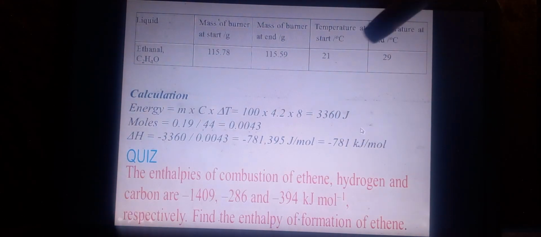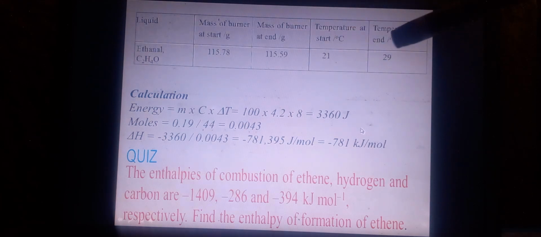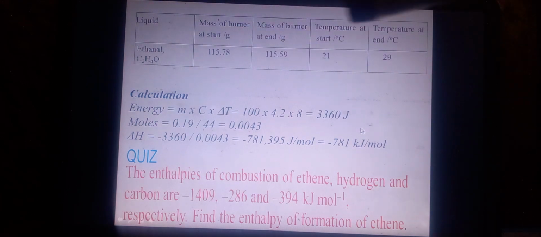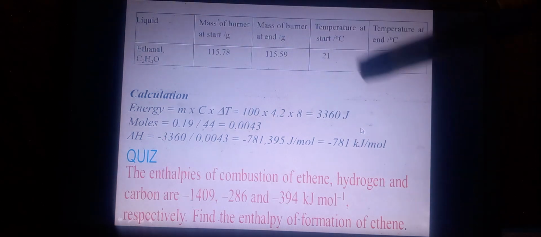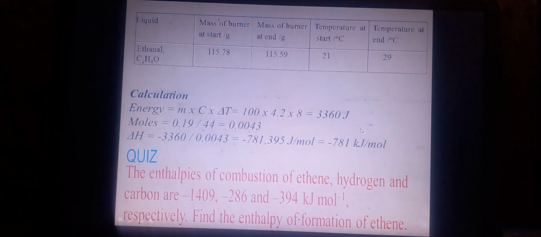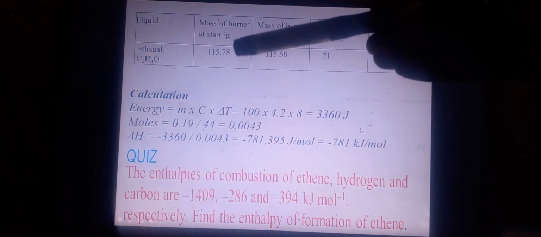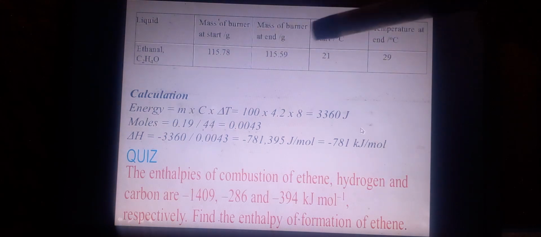This table shows the results at the end of the experiment. You have the liquid, which is the investigating substance. Then you have ethanol, which is the one which burns. The initial mass of the burner at the start of the experiment is 115.78 grams.